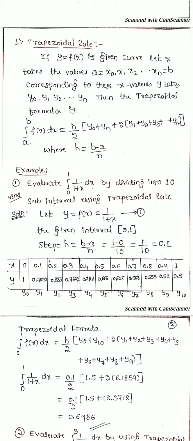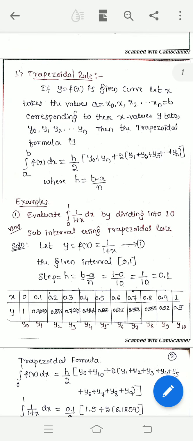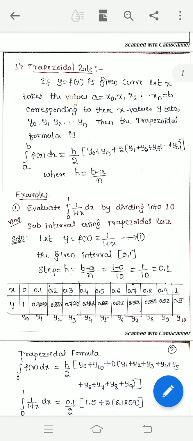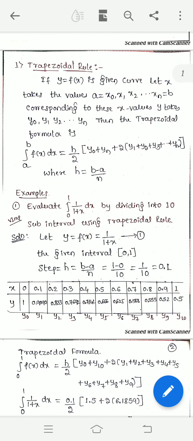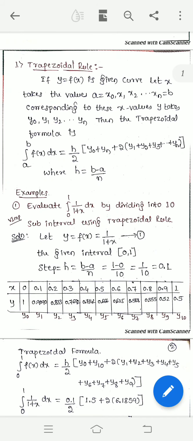This is a very important aspect, the trapezoidal rule. If y equal to f of x is a given function, we have to consider the x values and f of x values. Let x take the values a equal to x0, x1, x2 up to xn, which is equal to b.